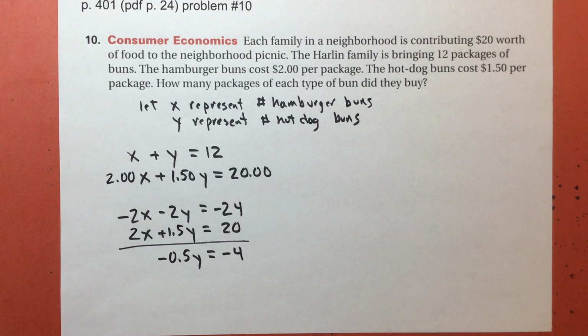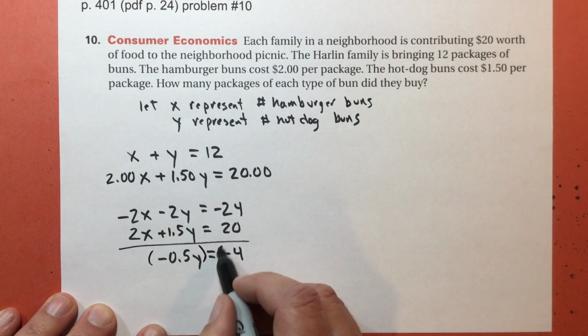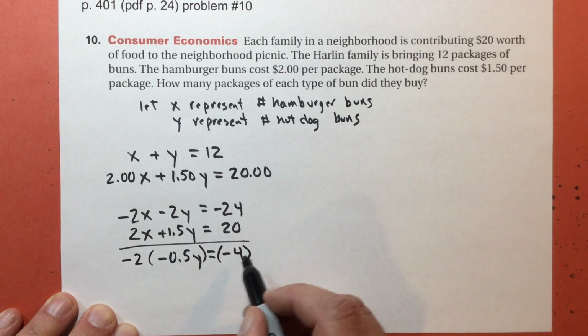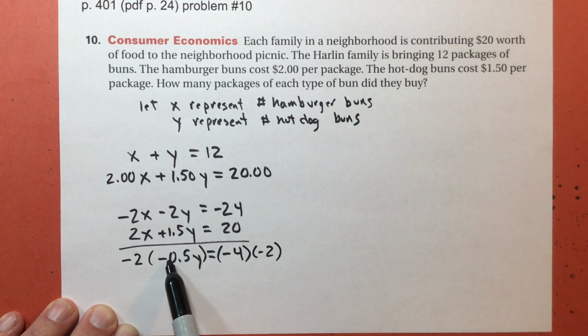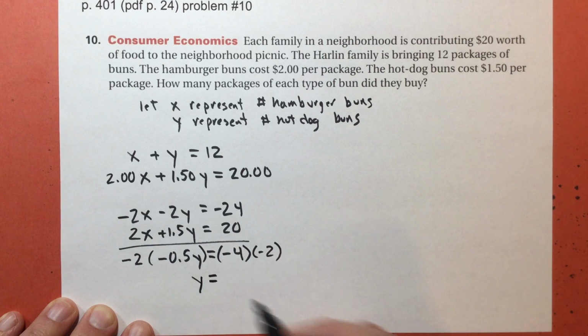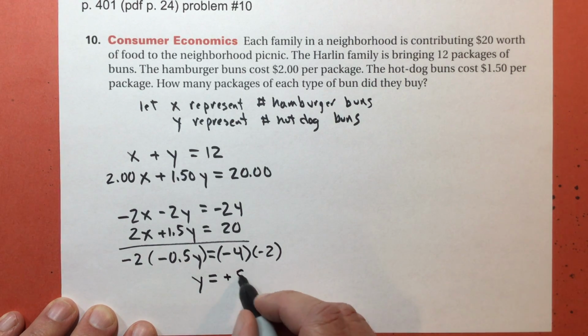That leads us to this idea that whatever I do to this side, I have to do to that side. If I multiply both sides by -2, negative times a negative equals a positive, and 2 times 0.5 is 1. So this just tells me why. -4 times -2 is +8.